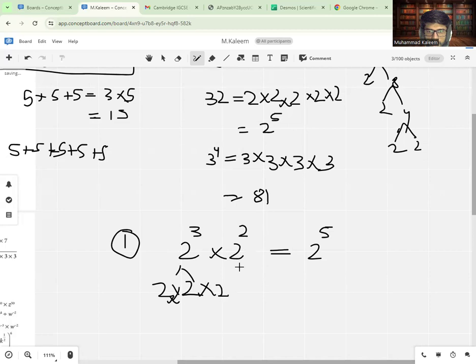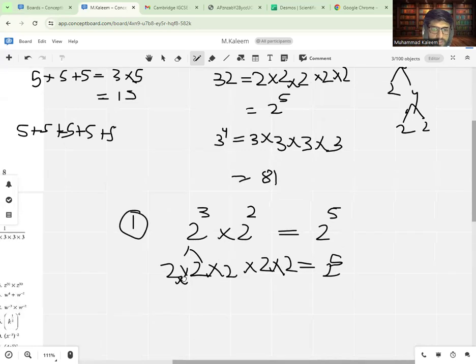In total, we can see this one can be written as 2 raised power 5. So that's the first index law, about the multiplication of terms with the same base. Just add their powers.